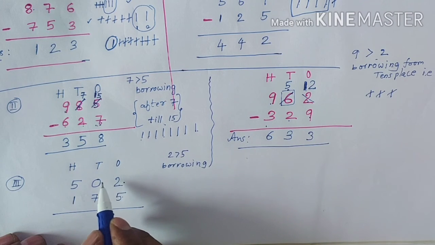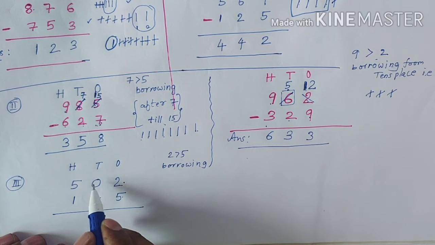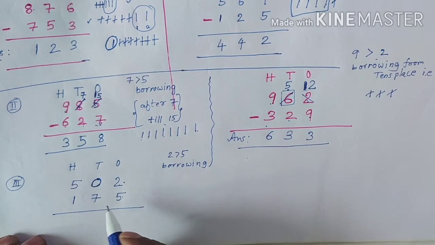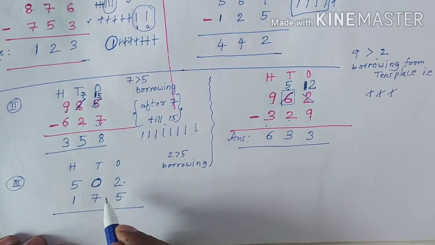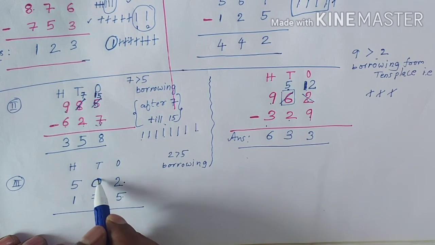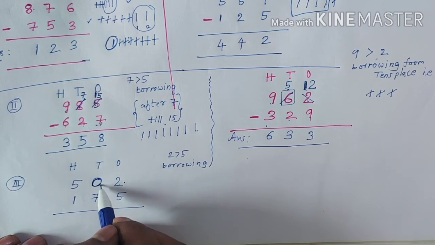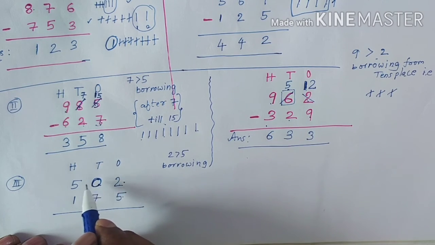But here in the tens place, if you observe, you have 0 on the tens place. When you have to borrow from 0, then you have to take the number beside it also.